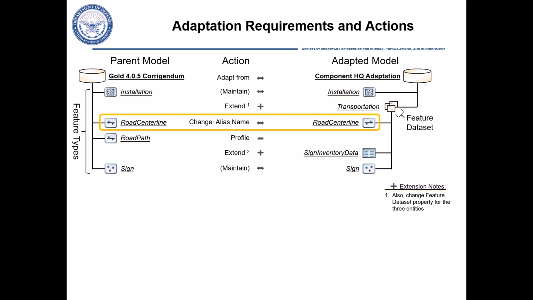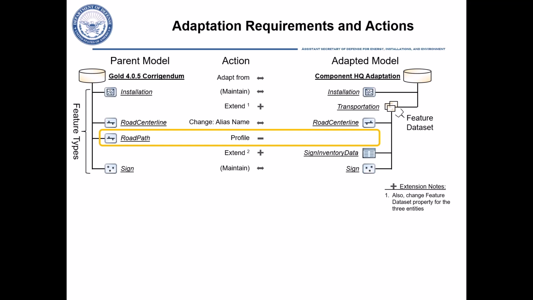Next, consider the road center line entity. It is required and exists in the parent model, so it should not be profiled and does not need to be extended. There is a requirement to modify the alias name, so a change action is needed. Now, note the road path entity in the parent. It is not required in the adaptation and therefore can be profiled.